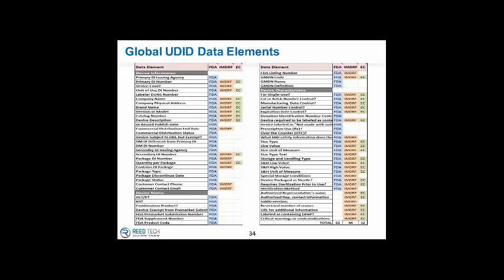Both GS1 and HIBCC, the more commonly used issuing agencies, have a scheme for packaging levels. So I'm just going to use GS1 only because it's a little bit more popular. At a base product level, the recommendation is that you use 0 as your package indicator digit. And then as you need additional levels, you can use 1, 2, 3, up to 8 for that particular prefix.